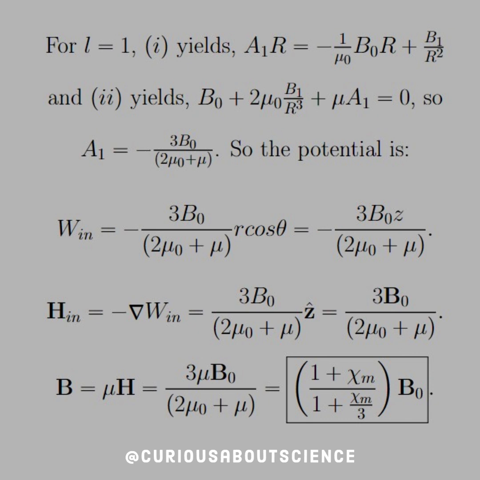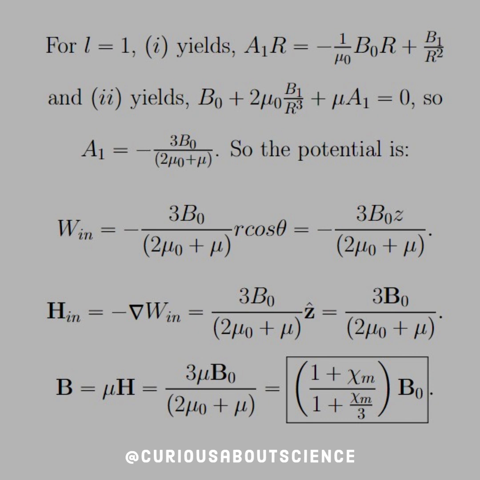So we set the two equal to each other and solve a couple of equations, so be careful. And what we see here is that A1 is equal to negative 3 B naught over 2 mu naught plus mu. So the potential is, well, now we plug everything in, and we see that we have negative 3 B naught over 2 mu naught plus mu, r cosine theta, which goes back to z.